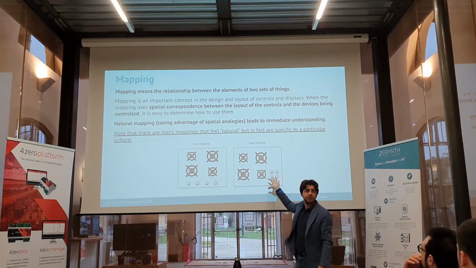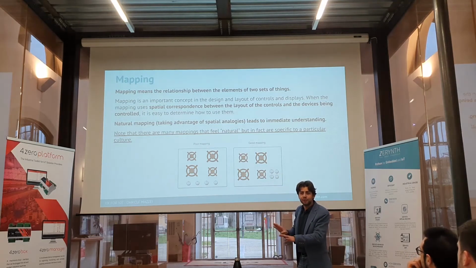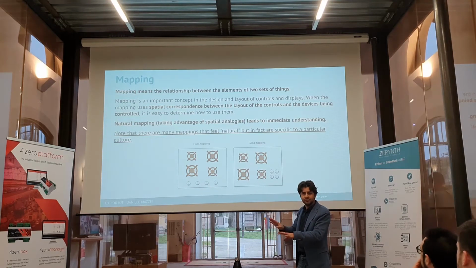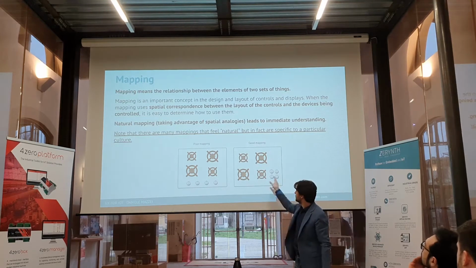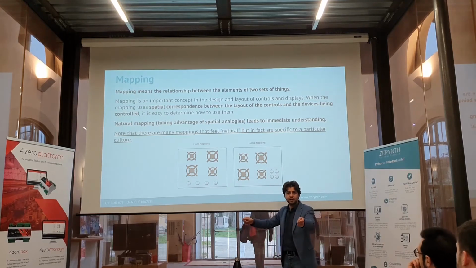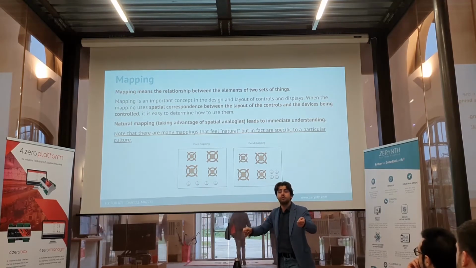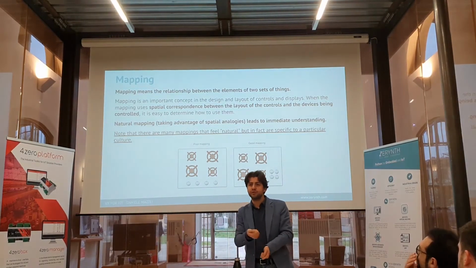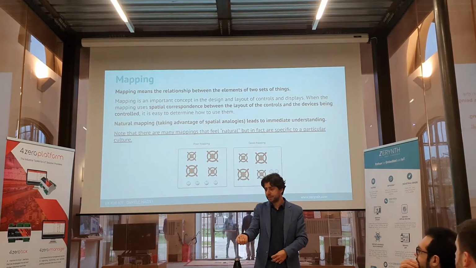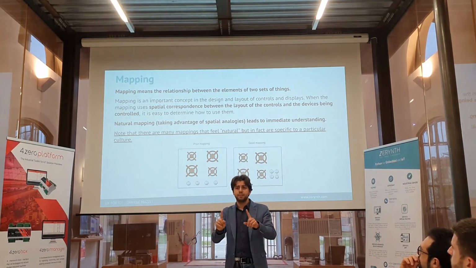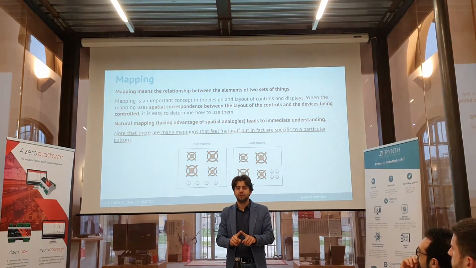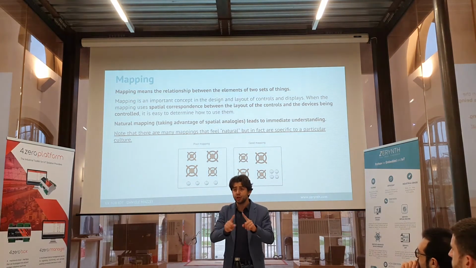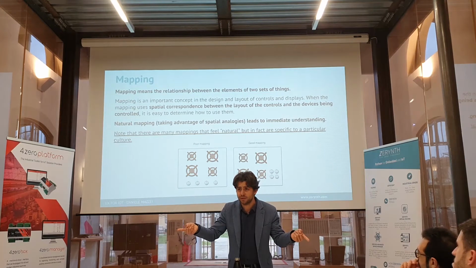And our brain is very good at this. Do you remember when we were children playing with mapping similar objects, similar shapes and whatever? We are very good at that. So use this trick in order to leverage natural mapping. Be careful, sometimes what you consider a natural mapping is not natural worldwide.